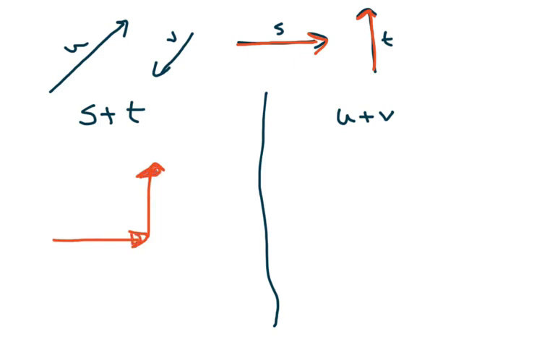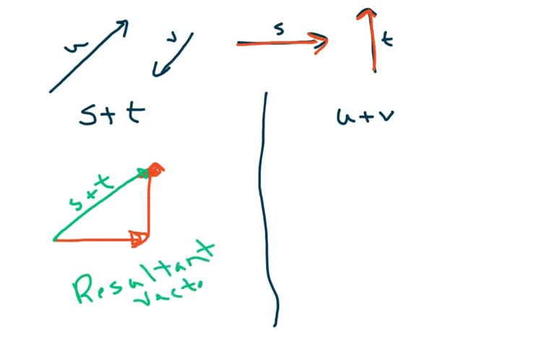For S plus T, you draw from your first vector's tail to the tip of the second vector. This is S plus T, and again, this is the resultant vector.